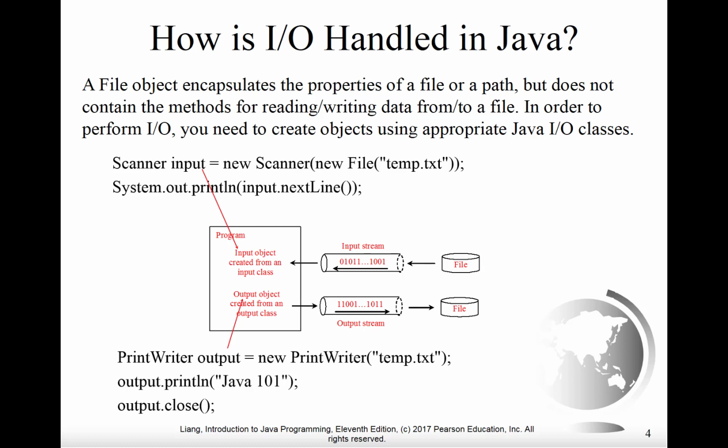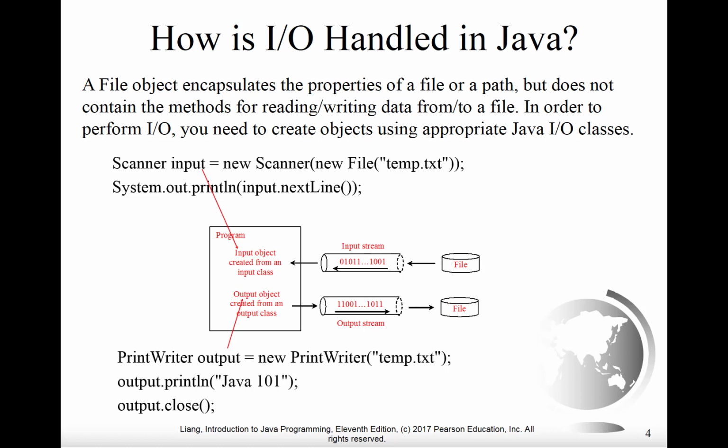In the next line of code, you see us actually reading a line of input from the file by saying input.nextLine, and we're simultaneously writing that out with a System.out.println. To do this, we had to create an input object from an input class. And what that did for us is it effectively processed a stream of raw bits coming in from the file and decoded it as text.